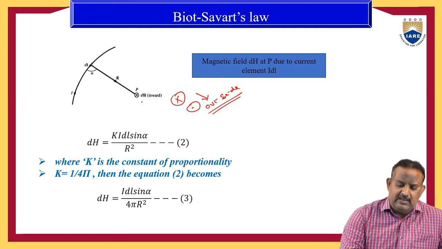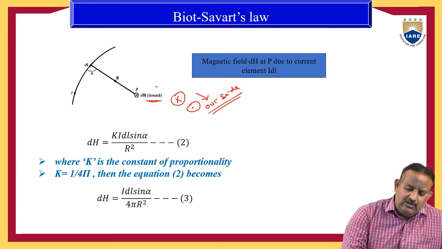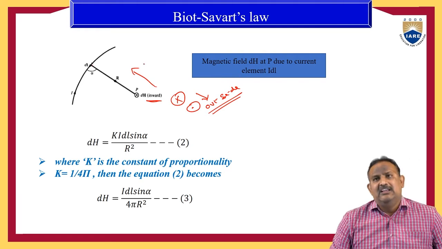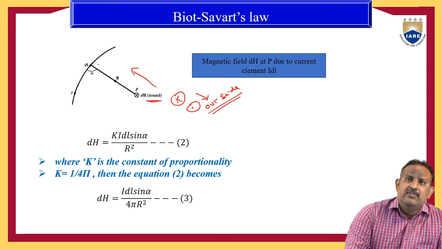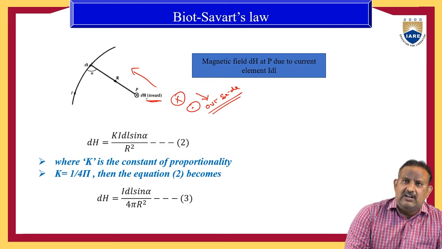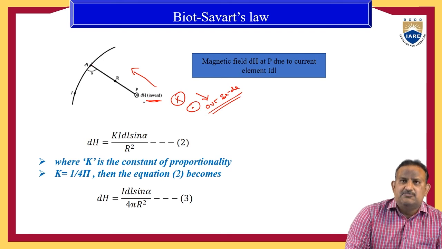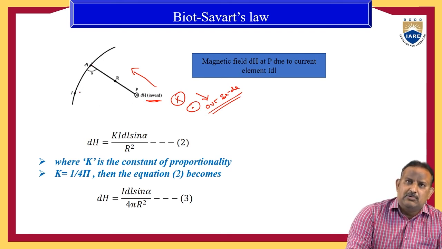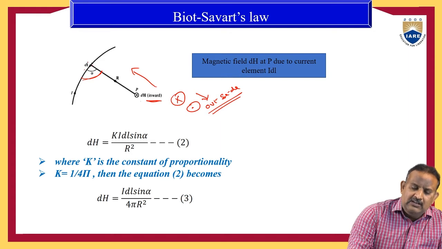Here we assume the dot and cross convention, so the magnetic field will work towards the inside. Here the current element Idl is there, and the differential magnetic field dH is there. According to Biot-Savart's law, dH is proportional to the current element Idl and the sine of the angle between the current element and the line joining the point of the magnetic field and the current element.